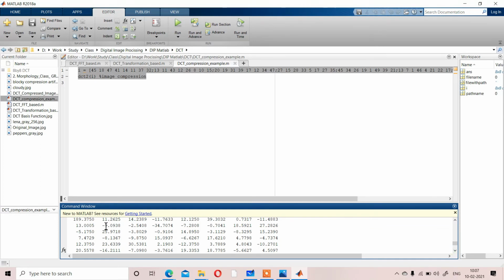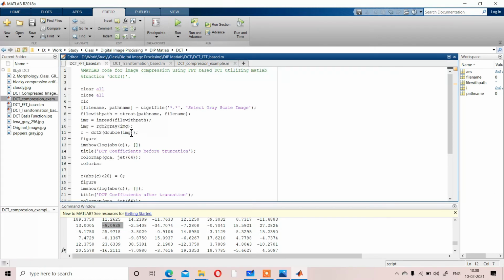Negative value does not affect the image, so you don't need to consider the negative value. You just need to consider the magnitude value. That is the reason whenever we do the DCT, we consider the absolute value. So that is the reason we are considering the absolute value and the log.